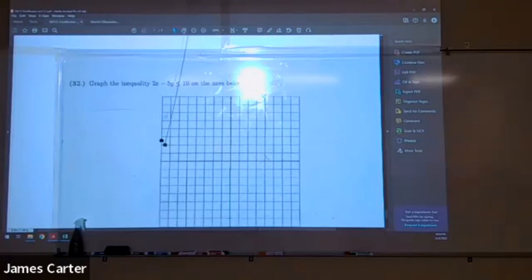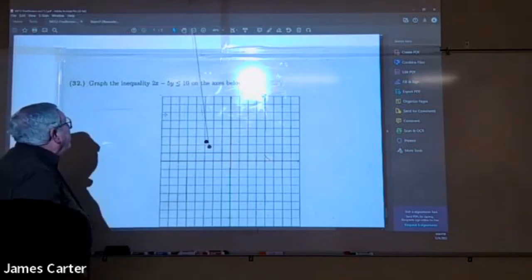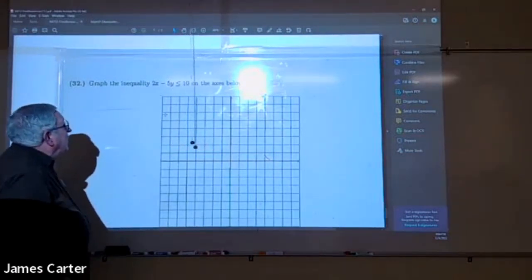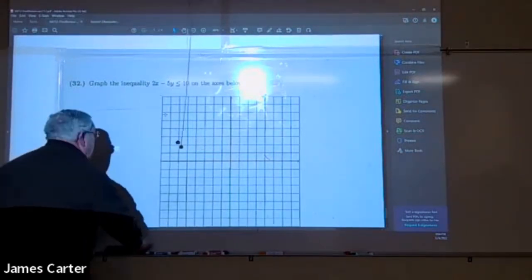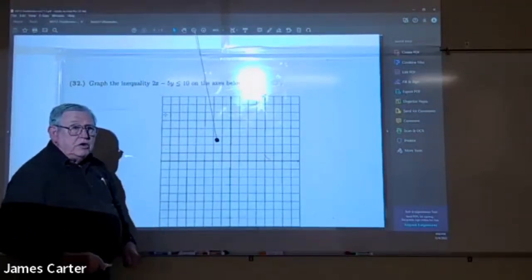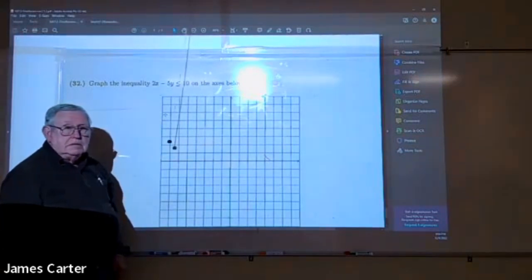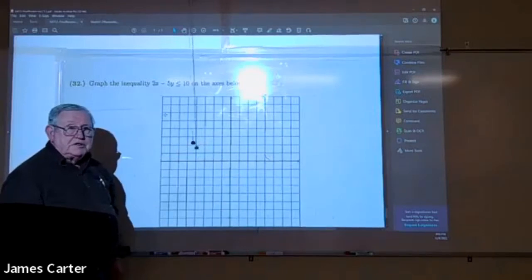Graph the inequality on the axes below. Anytime you get a problem like this, an inequality, the first thing you want to do is put it in slope-intercept form, y equals mx plus b.